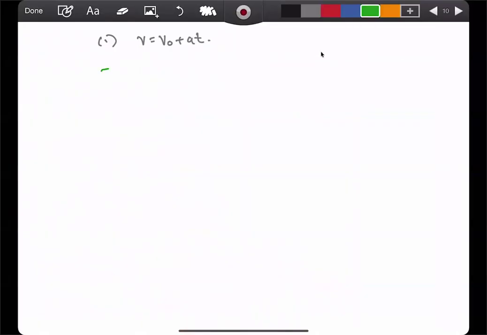So what this one tells me is we can determine v at any moment of time given our initial velocity v0 and our acceleration a. Good.